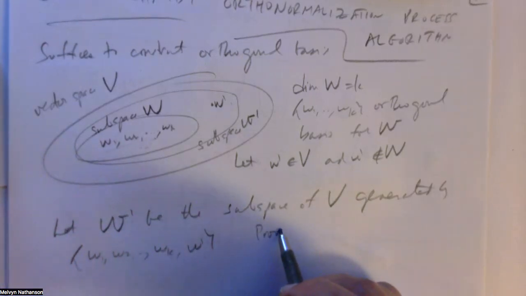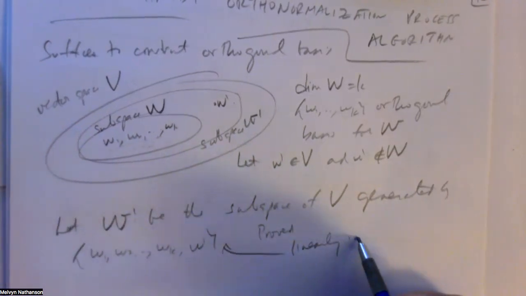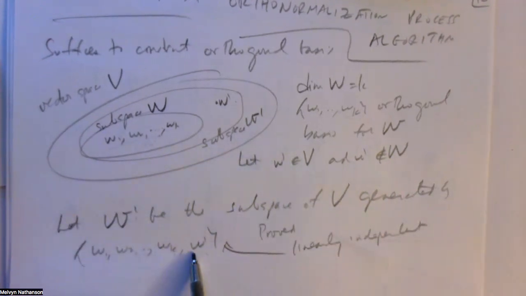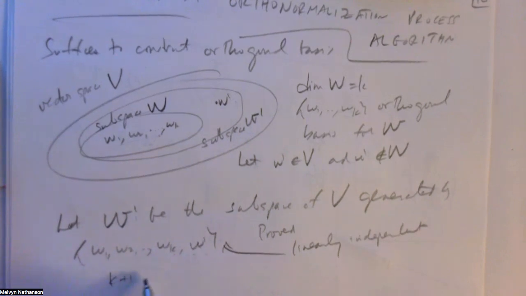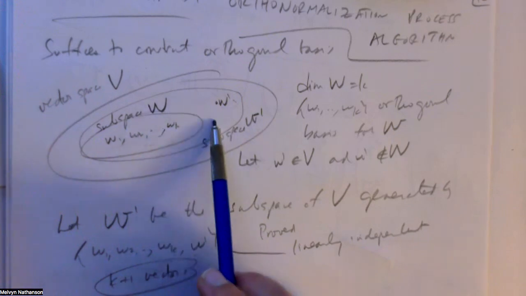And we proved, so this is an old theorem, it was even a test question, this set of K plus 1 vectors is linearly independent. Because if it were linearly dependent, W prime would be a linear combination of W1 up to WK, which means W prime would be inside the subspace W, which it is not.